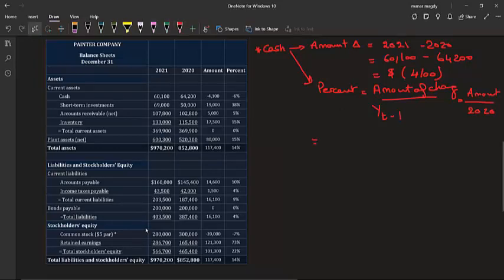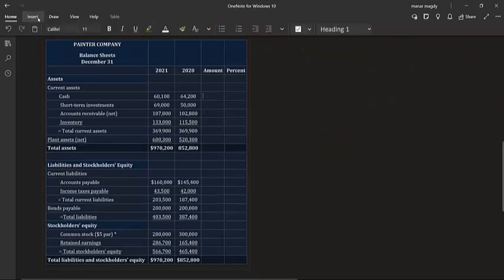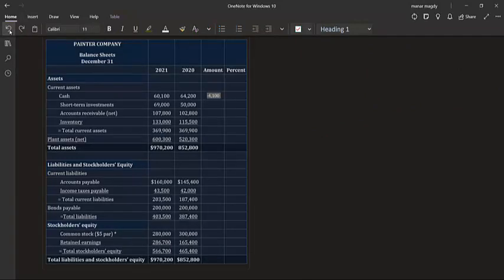You're comparing this year to last year. So the amount of change was negative 4,100, and the total amount of cash in year 2020 was 64,200. So the total percentage of decrease was 6%. The amount of decrease is 4,100, and in percentage it equals negative 6.